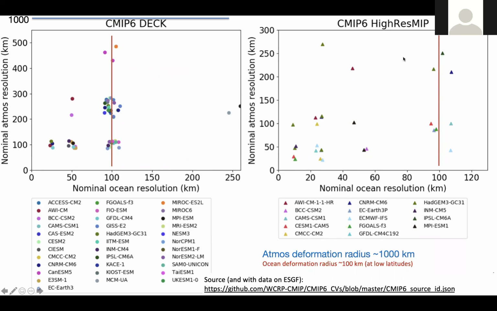In PRIMAVERA, so this is the HighResMIP, and it's PRIMAVERA plus a number of other groups worldwide, we have quite a continuum of resolutions down to even 1/12 of a degree for a select few models, and many of them running at, as I said, 20-25 kilometer atmospheric resolution. So this is really quite a change compared to the standard DECK experiments.